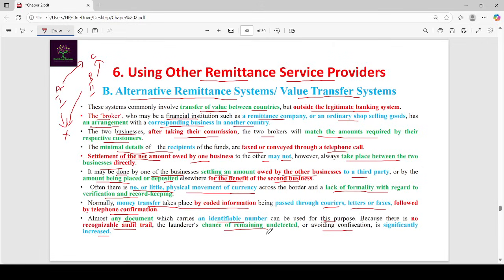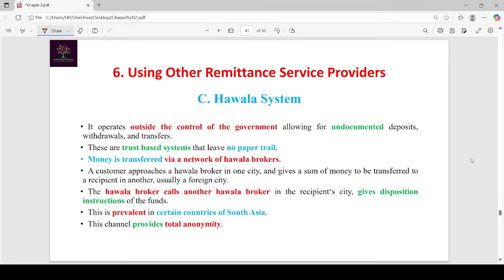No physical movement of currency is involved, no formality of verification and record keeping, and also coded information. Money is transferred through coded information, which is passed through couriers or letters or faxes, followed by telephone confirmation. These are the benefits useful to money launderers or terrorists or criminals. That's why they are attracted to this method.